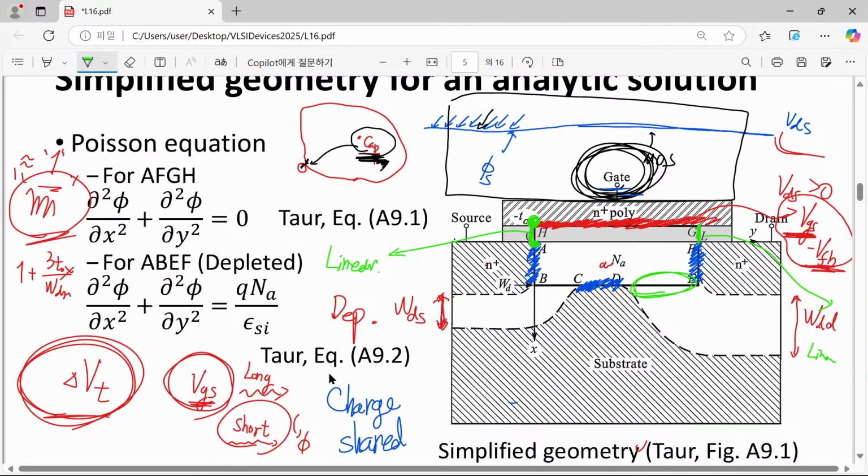Also, how about this BC and DE1? Well, this is not that quite obvious, but what we assume is like this. Please think about this one. Starting from this value, what is the value for our phi?